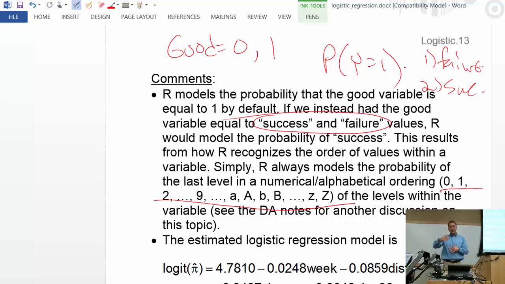You put it into the order that R has for qualitative variables, and the second level is what R is modeling. Trust me, that can be confusing. In particular, I know, for example, in SAS, Logistic will actually do the opposite. So please be aware of that.